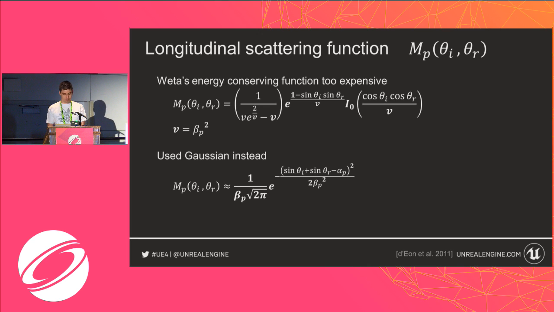Even the approximation of it is too heavyweight for us to do for real-time purposes. We ended up using the Gaussian instead, which isn't properly energy conserving. This is an area in particular I'd like to improve. I believe we could probably come up with an approximated model that's still properly energy conserving, but that's what we use.